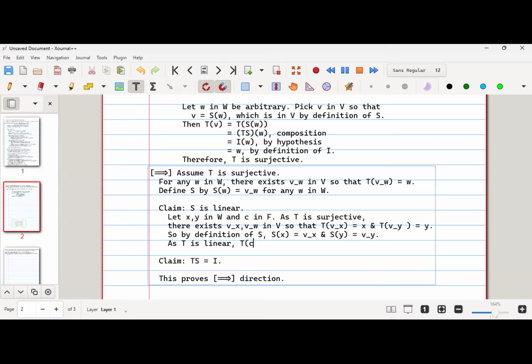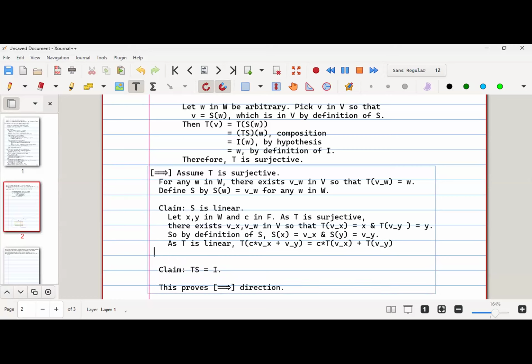We can map the vector C times Vx plus Vy, equal to this by linearity, and then this is just equal to C times X plus Y, right? We're just pulling these from here, okay?